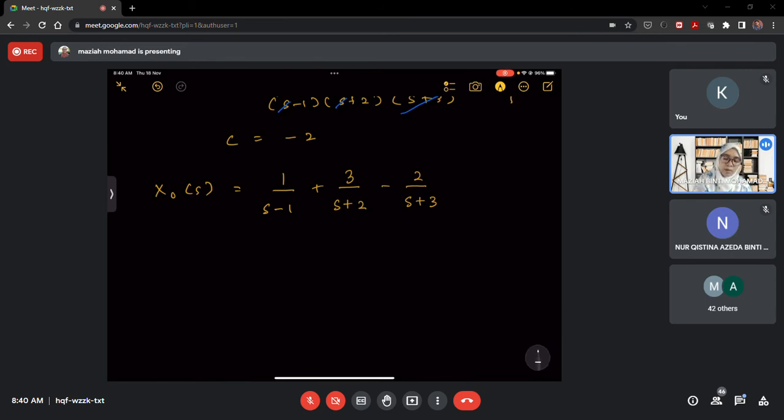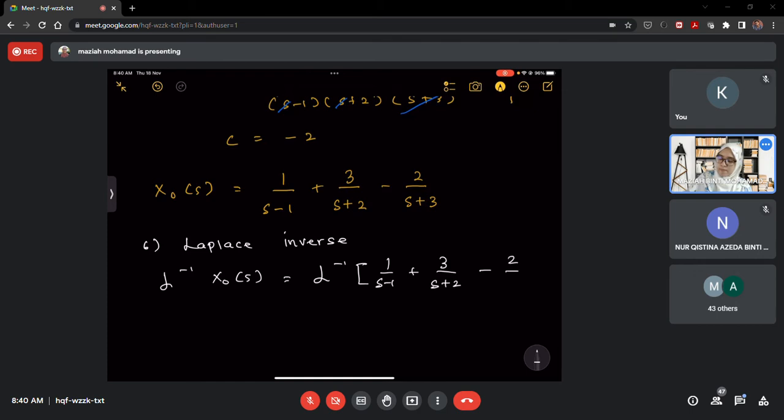Okay, so step number 6 is Laplace inverse. So we're going to inverse X naught s. Basically it will be in terms of exponential.